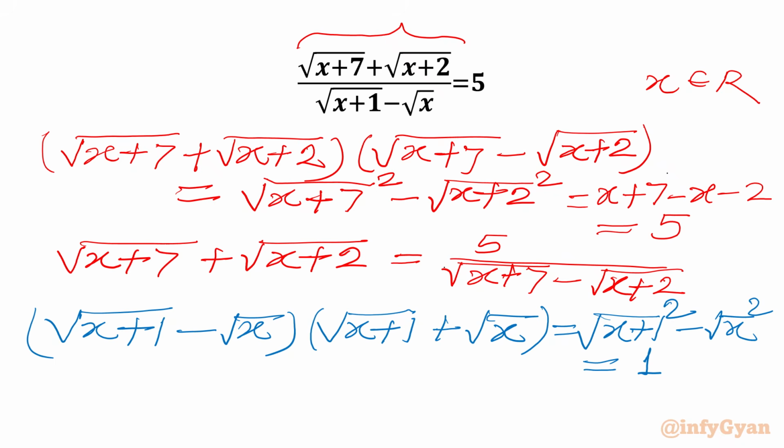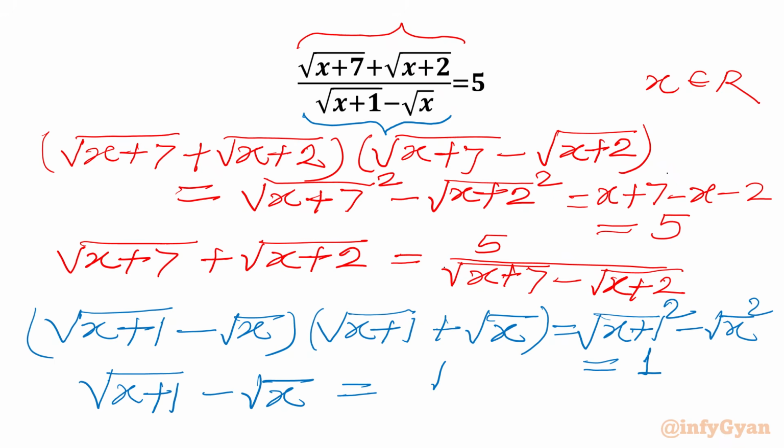So from here I will find √(x+1) − √x will be equal to 1 over √(x+1) + √x.